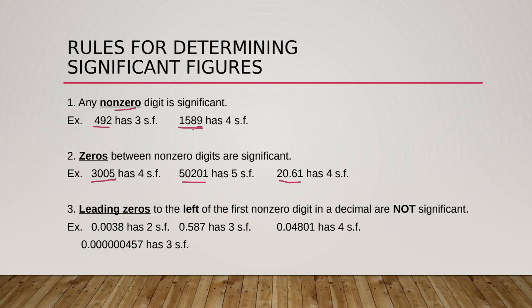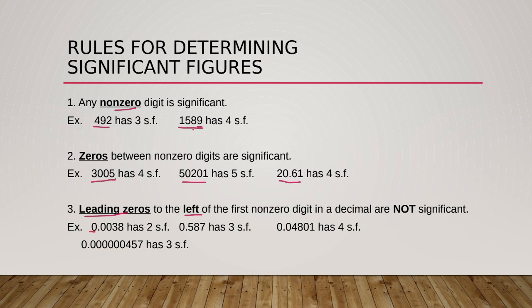Now, it's the zeros, and depending where the zeros are placed in your value, that may or may not be significant. So a leading zero is a 0 to the left of the first non-zero digit in a decimal. Take a look at these examples. You notice they're all 0 decimal something. These zeros are not significant.